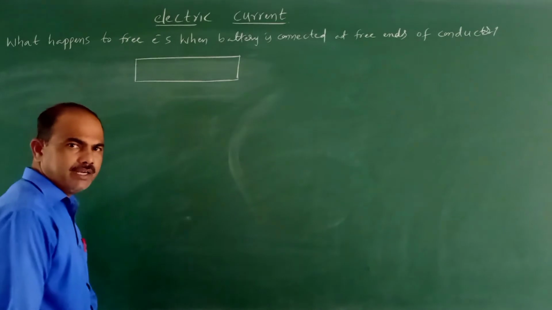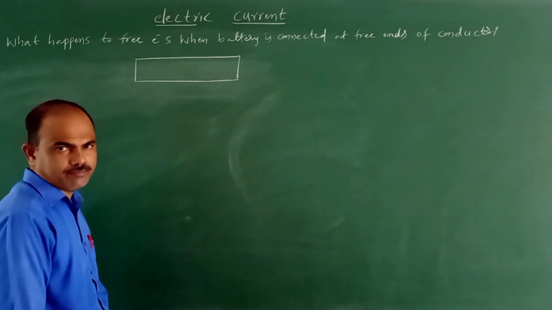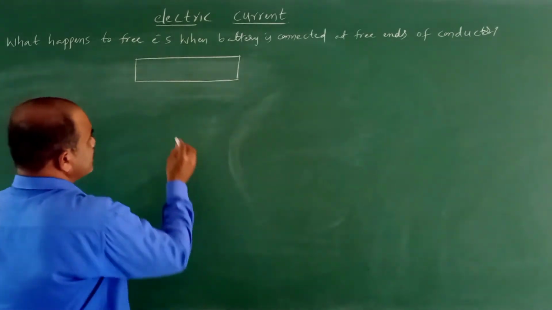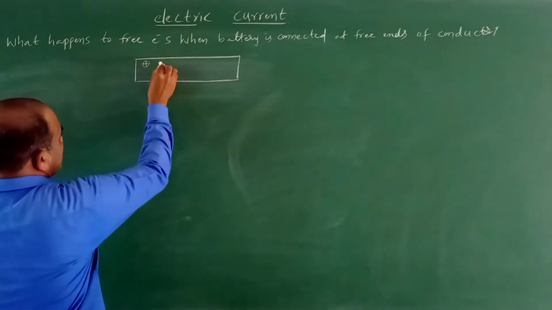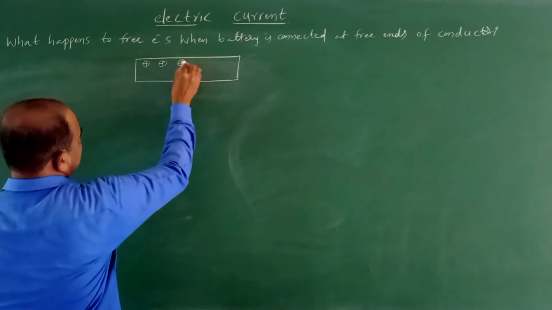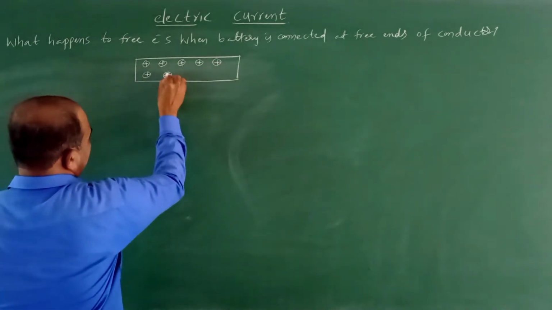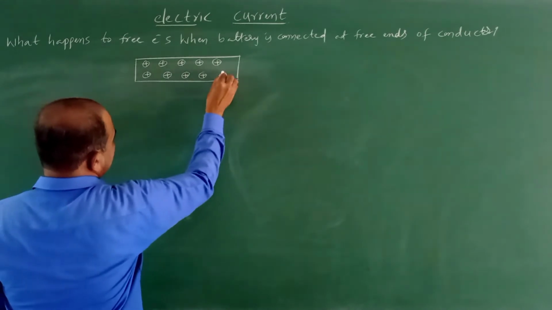We already learned the Drude-Lorentz theory. According to the Drude-Lorentz theory, every conductor contains fixed positive ions as well as free electrons.